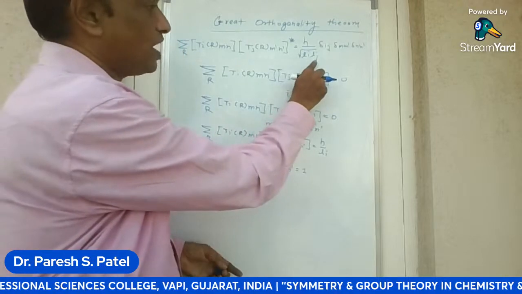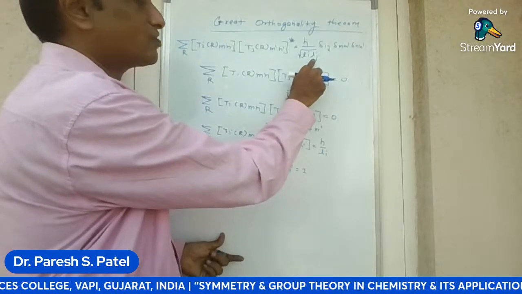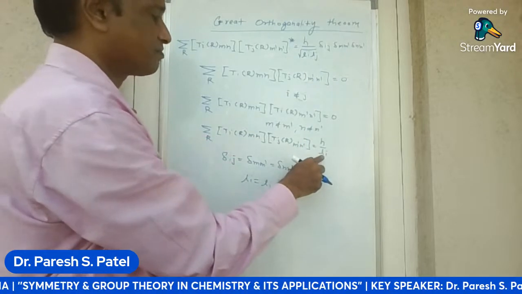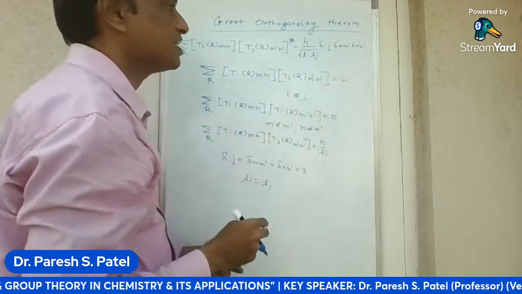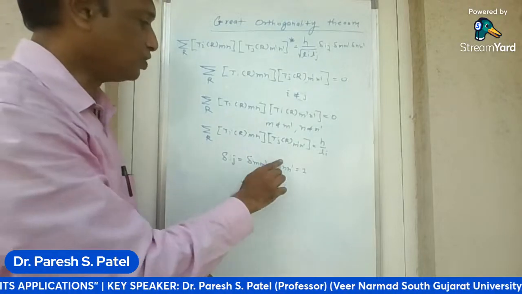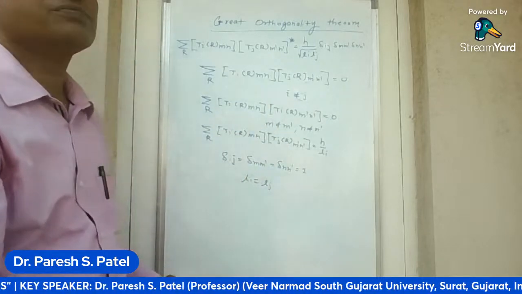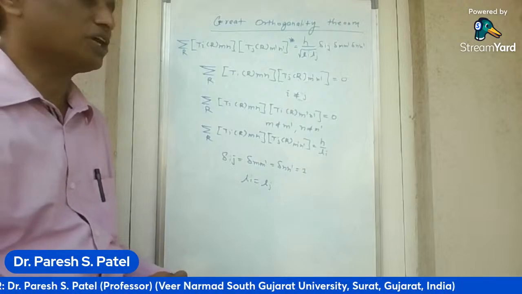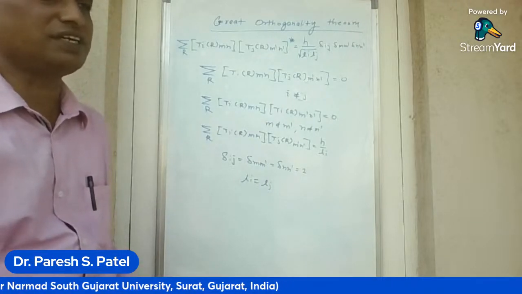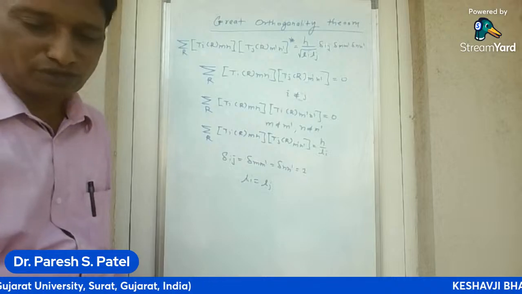If li is equal to lj, it should be li square, and the square root of li square is equal to li. So this is the third sub mathematical statement of the great orthogonal theorem. Dear students, these are the mathematical statements of the great orthogonal theorem.